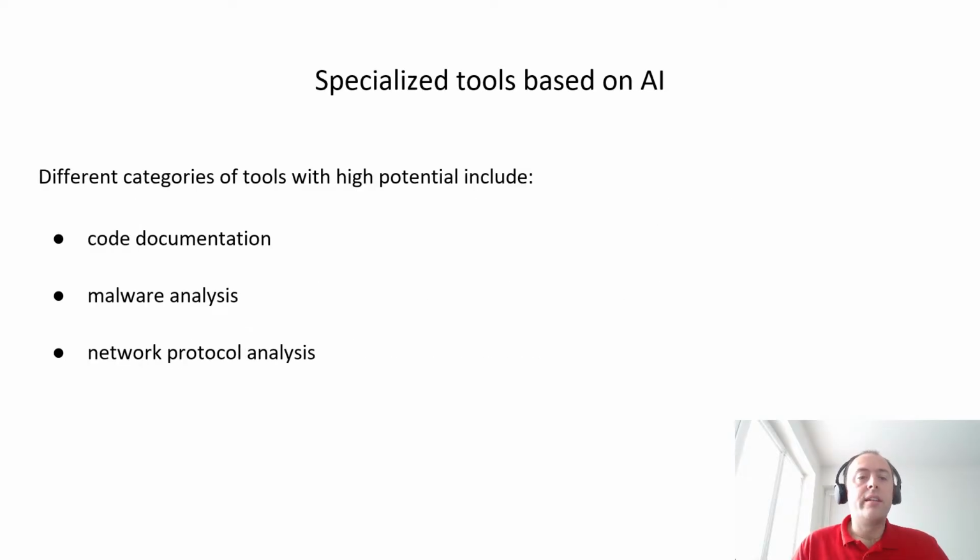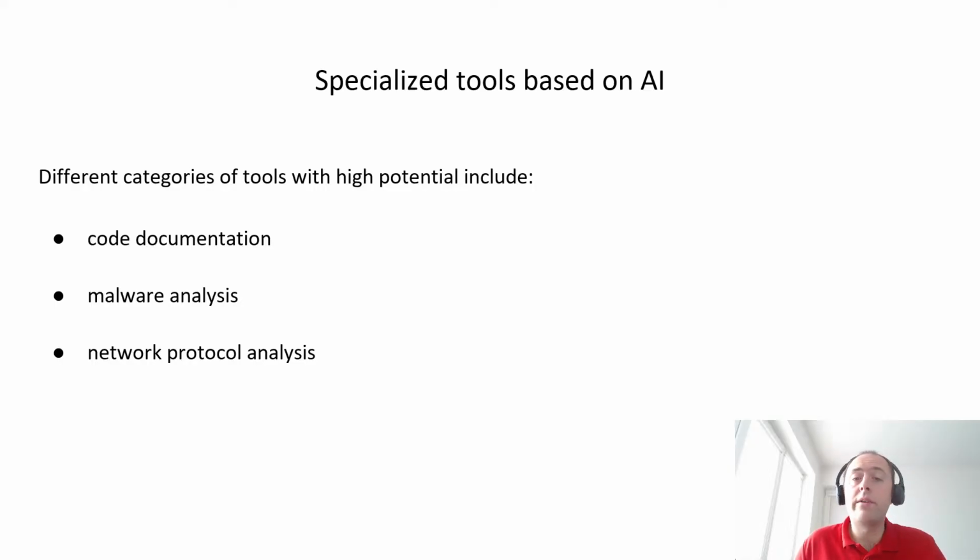Also, there are different categories of tools that have high potential for AI-driven reverse engineering, like code documentation. Right now, documentation really boils down to tools like code assistants and the different web-based chat agents.